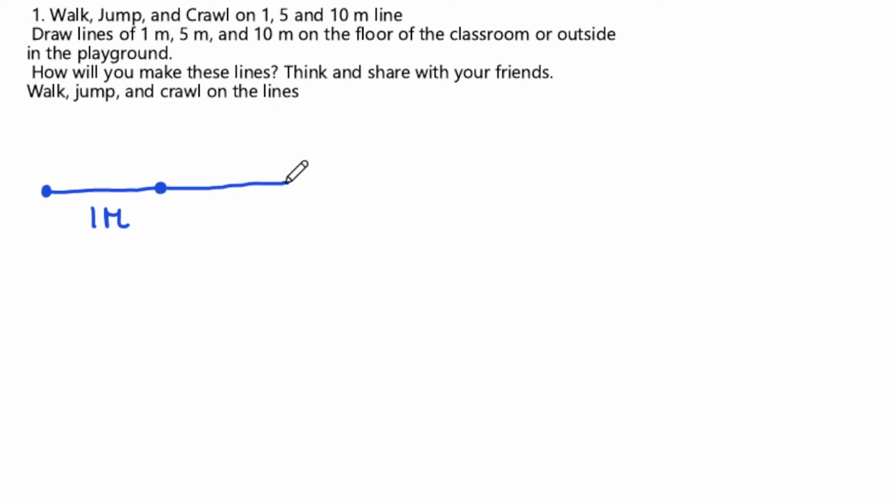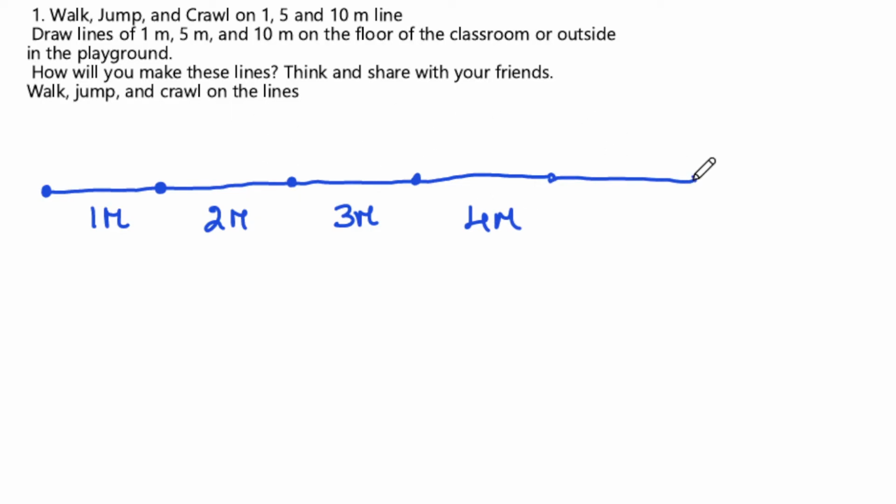This is 1 meter, this is 2 meters, I'll measure the same rope, 3 meters, 4 meters, and 5 meters. I use the same 1 meter rope and I measure 5 times to get 5 meters. Likewise, I measure 10 times to get 10 meters.